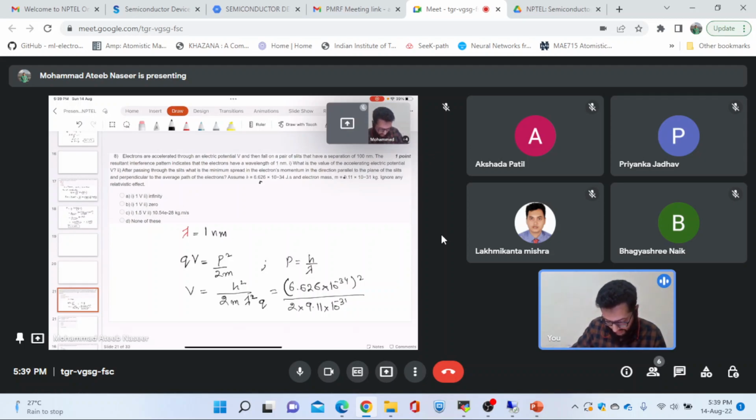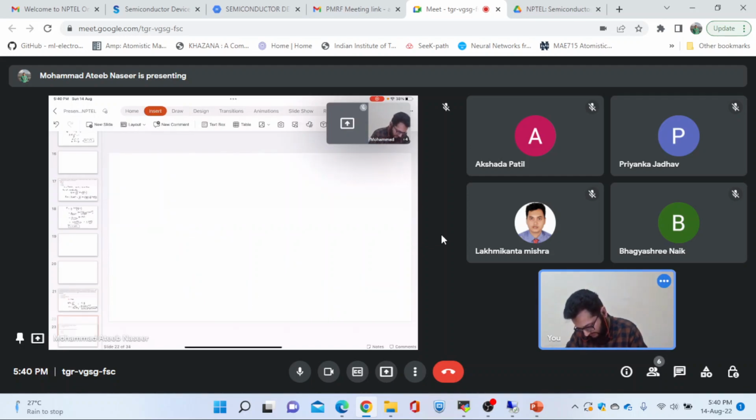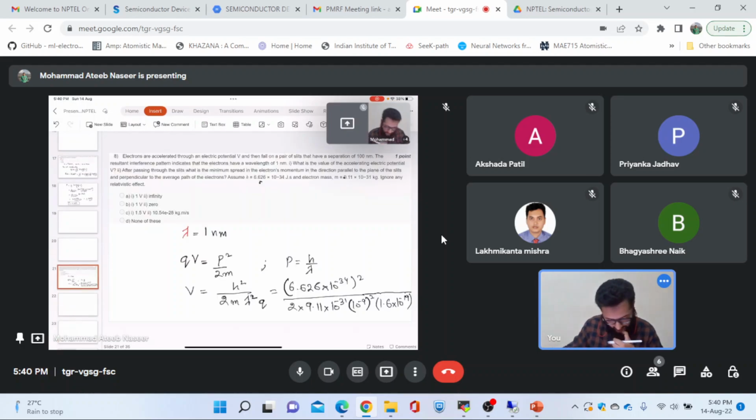Lambda squared, with lambda 1 nanometer, is 10 to the power minus 9 meters squared, and since we are required to multiply with the electronic charge, which has the value of 1.6 into 10 raised power minus 19 coulombs. So it's simple. Now we need to solve this expression to get the value for V.